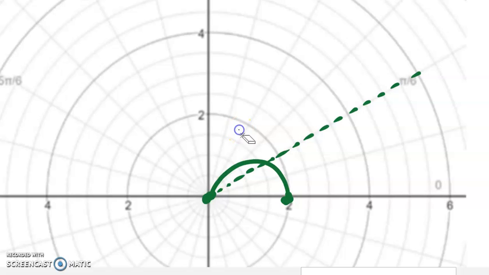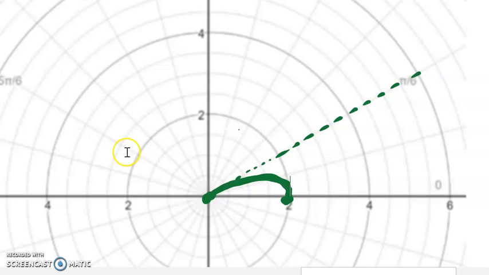So we want to make sure we get to 0 by the time theta gets to pi over 6. There we go. So that's going to be kind of like a boundary line. We'll start at the maximum of 2, we'll go down to 0, and it's going to kind of come in tangent to that dotted line.